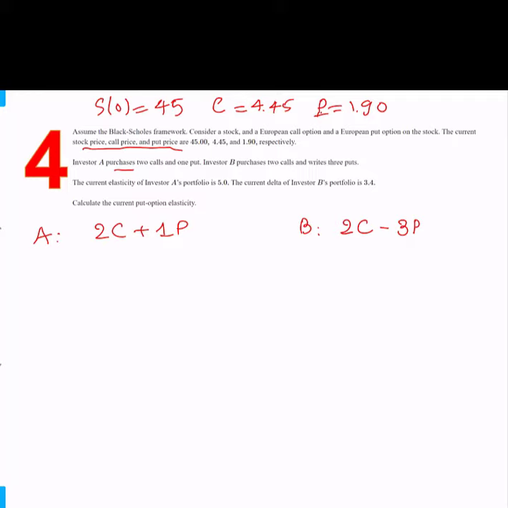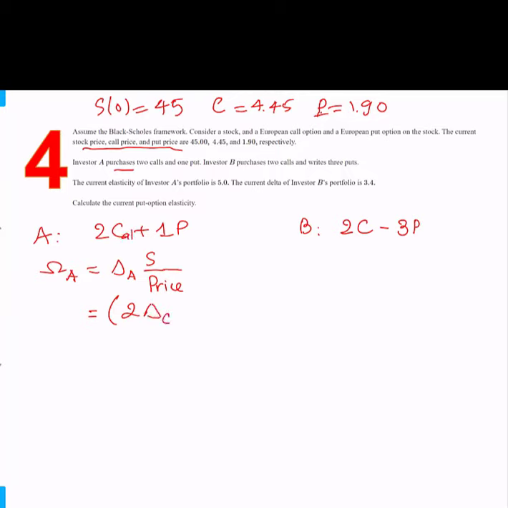Now the current elasticity of investor A. Omega A is the elasticity, and omega A is equal to delta A times S over the price.